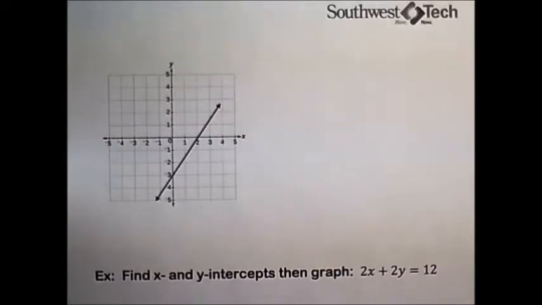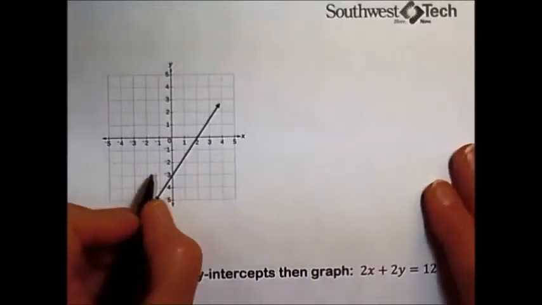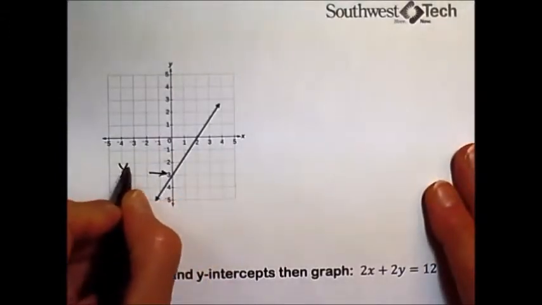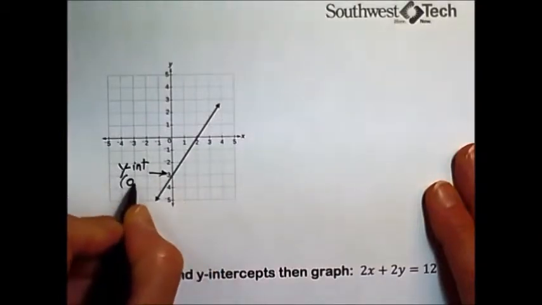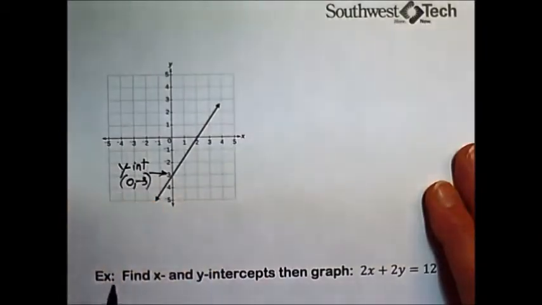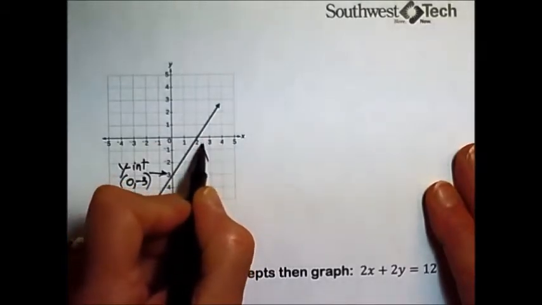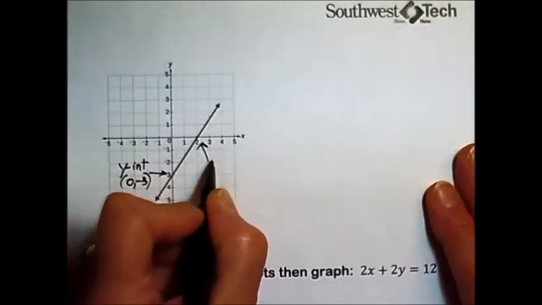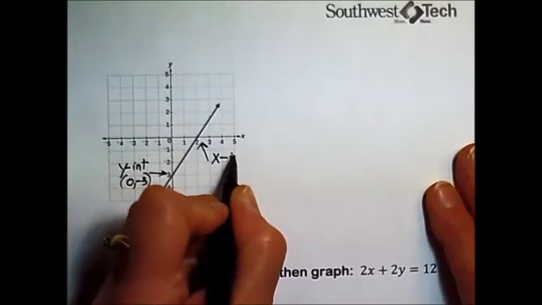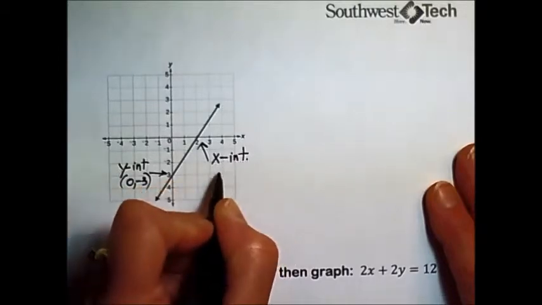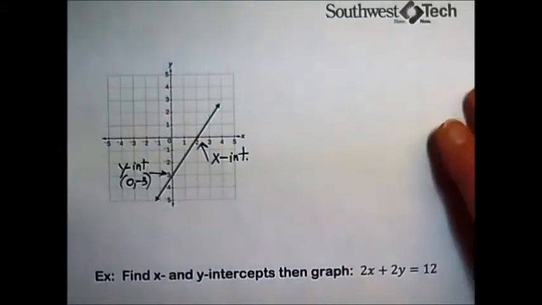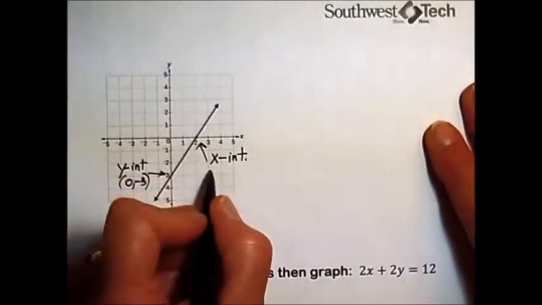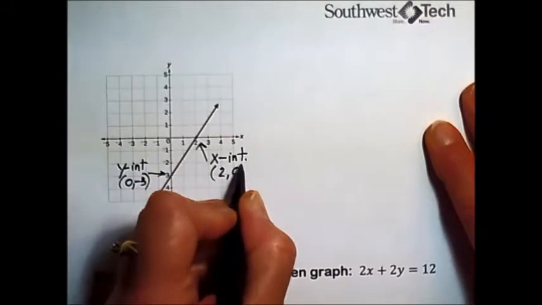We've already seen that the point at which a line crosses the y-axis is called the y-intercept. In this case, the coordinates would be 0, -3. This point here is going to be defined as the x-intercept, where the graph of the line crosses the x-axis, and the coordinate of it is 2, 0.